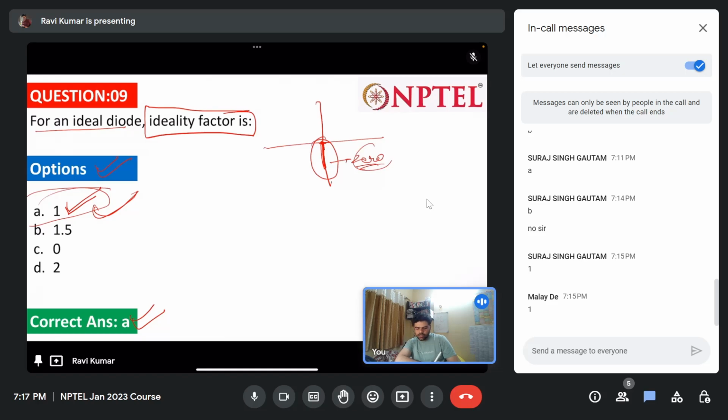But it is not 0, it is like this. And here also it should be like this or some non-linear, but there should be no new voltage as well. So this curve fitting factor is the ideality factor. It shows how far it is from an ideal diode.